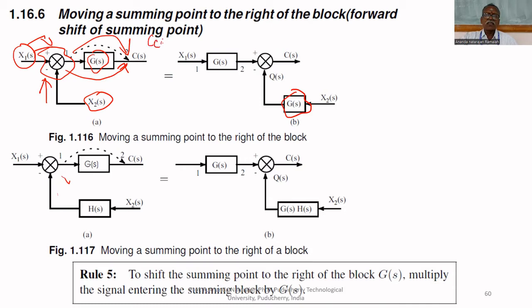Here what you will get, C of S equals G of S X1 of S plus G of S X2 of S. Here also you are getting the same, C of S equals X1 of S multiplied by G of S, X2 of S also multiplied by G of S, but here the minus sign is there. So I should put the minus sign. So here also you will get G of S multiplied by X1 of S minus G of S multiplied by X2 of S.